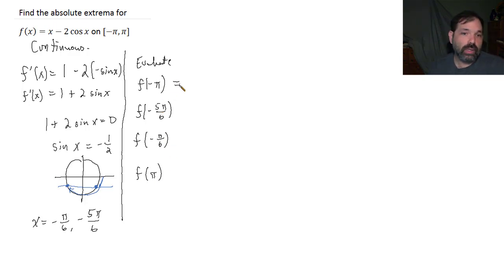This one is not too difficult to do using our heads and by hand. F of negative pi would be negative pi minus 2 cosine of negative pi. The cosine of negative pi would be negative 1. So then this would be negative pi minus 2 times negative 1, negative pi plus 2. And if pi is 3.14, negative 3.14 plus 2 would be negative 1.14.